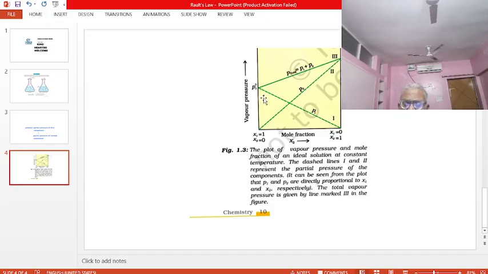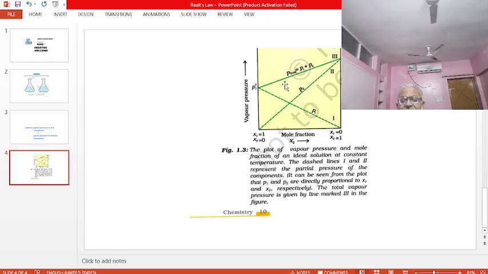Ideal solutions are those in which neither heat is absorbed nor given out, that is, delta H is 0.